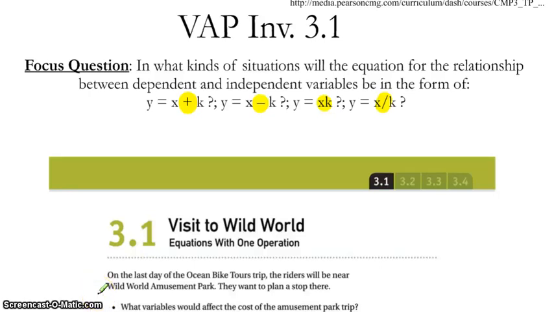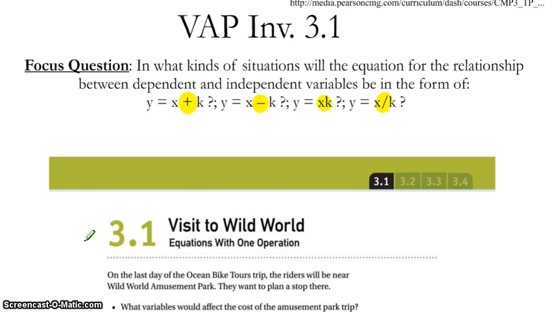All right, today we are going to look at the relationship that we can find in one-step or one-operation equations. Basically, this is the relationship between the dependent and the independent variables in one-step equations.